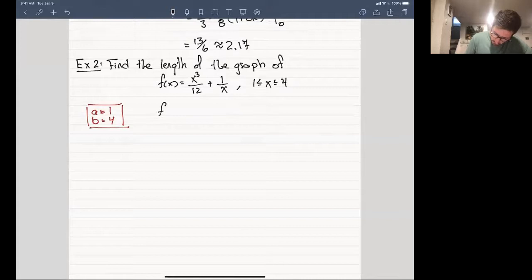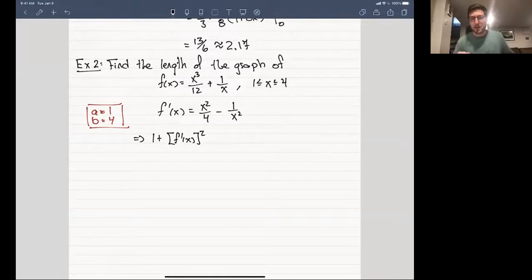So the derivative of f is given by x squared over 4 minus 1/x squared. And so this tells me that I'm actually going to need 1 plus the derivative squared. I might as well simplify this whole thing out, and you'll see why as I progress through this.